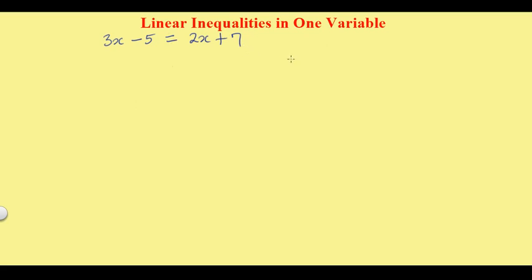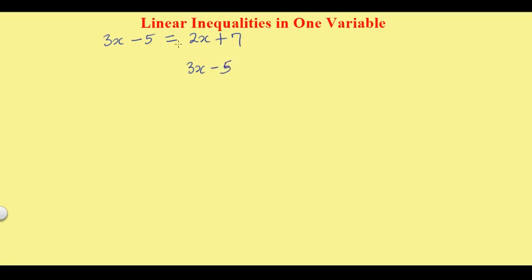But linear inequalities are a way of comparing two algebraic expressions or two terms. So for linear inequalities, we have something like 3x minus 5.